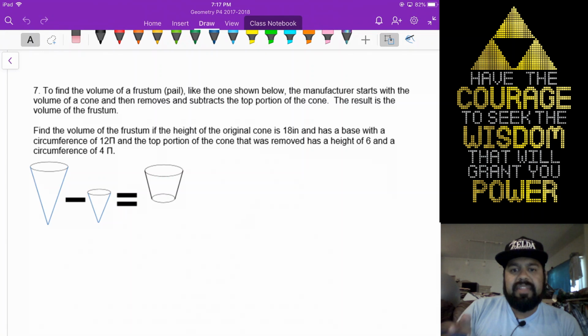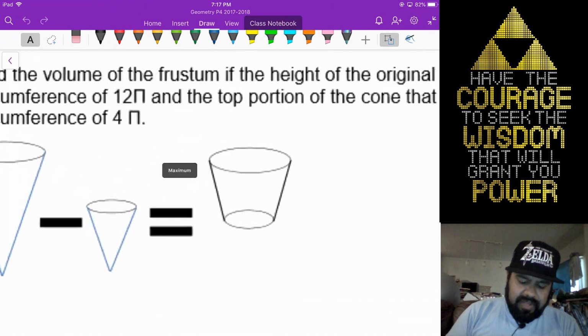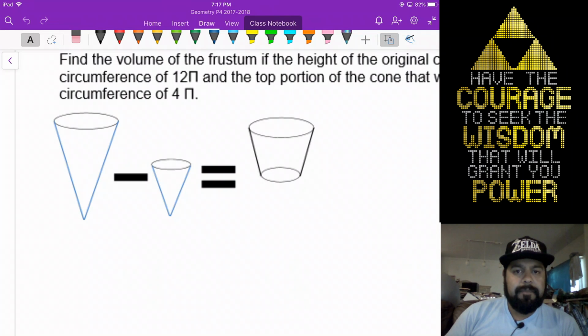So frustrums would be things like pails, or usually certain kinds of containers that are essentially going downwards. What's up, Dylan Rogers? So we're going to go ahead and find this volume of this beautiful frustrum.